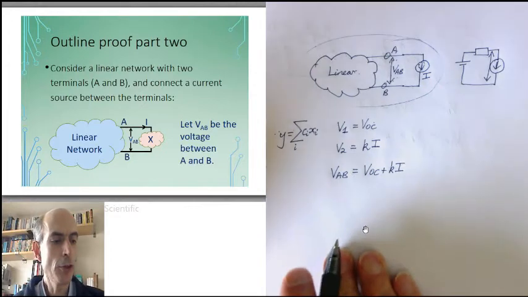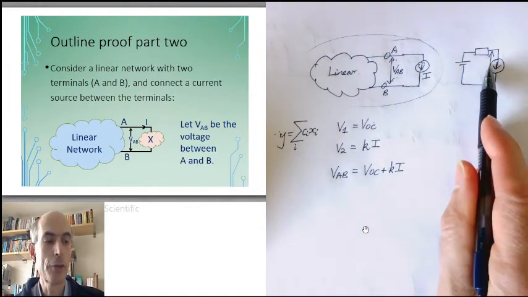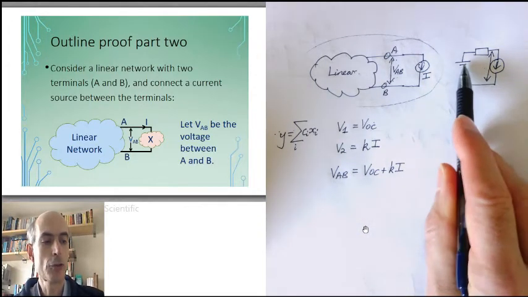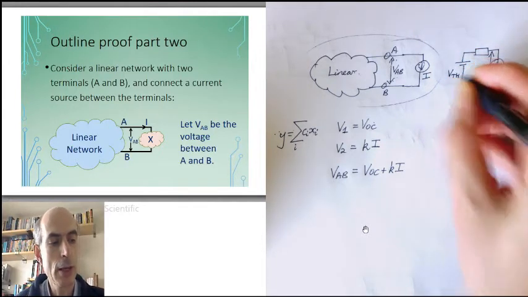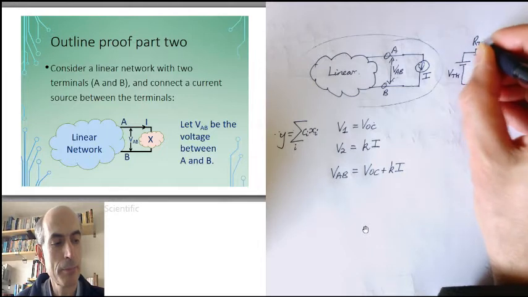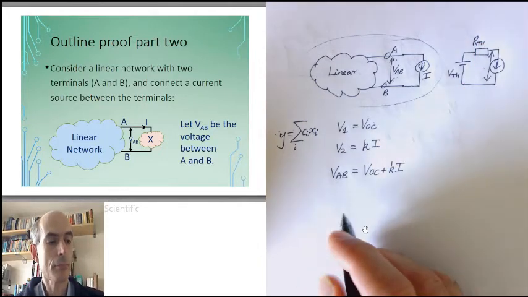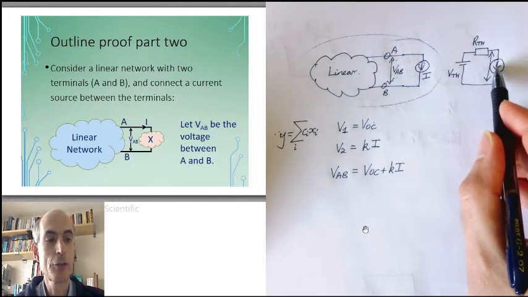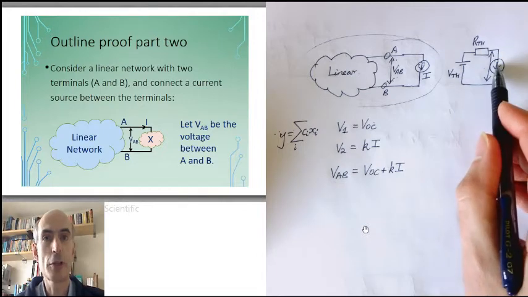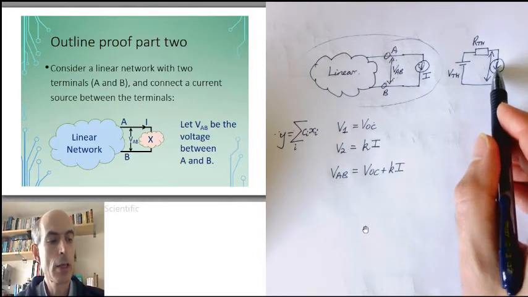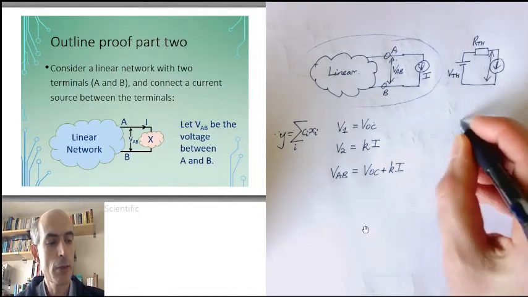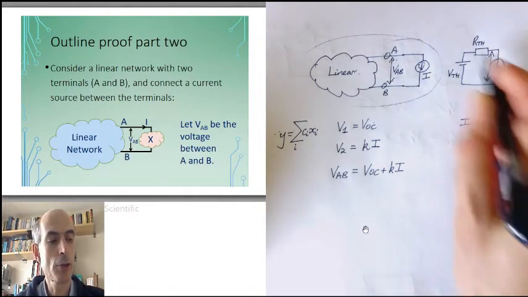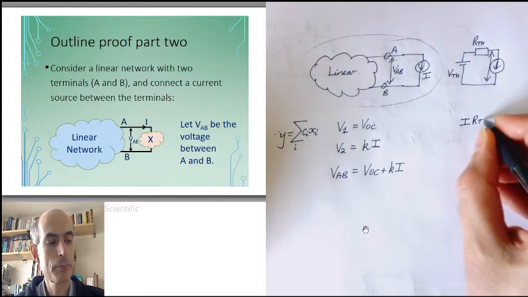Now, consider what happens in my equivalent network here, where I've just got a voltage source, I'll call it VTH, and a resistance RTH. If I force a current to flow through this network with this current source, then the voltage difference across this resistor must be the current, I, times RTH.